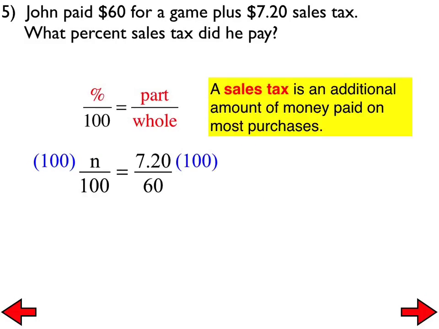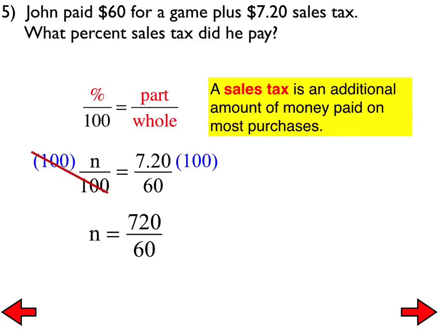In 4th or 5th grade, you learn how to multiply this. It should not be too hard. You don't even have to stack and multiply this. 7.20 times 100 makes it look like the decimal completely disappears.